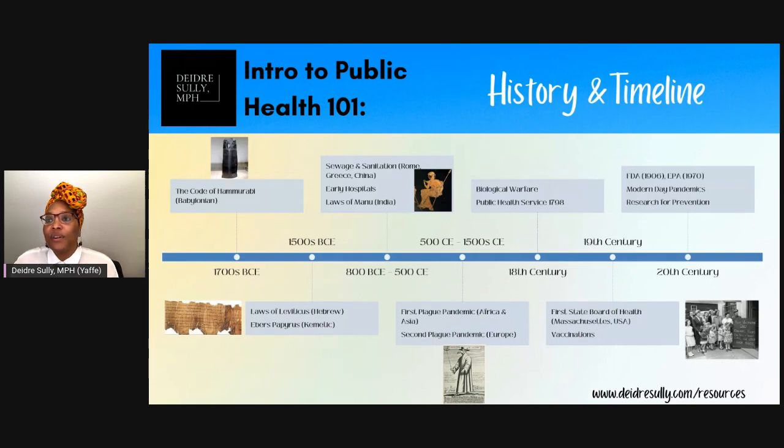We'll go over this history and timeline of public health, beginning with the first laws and codes in ancient history, to the fall of empires and therefore health codes and reactive public health measures that came as a result. Then to the era of enlightenment and things that happened there, onto modern and current day public health actions.